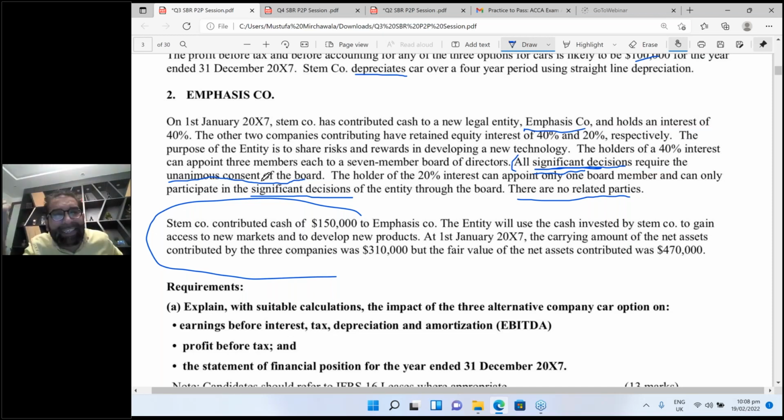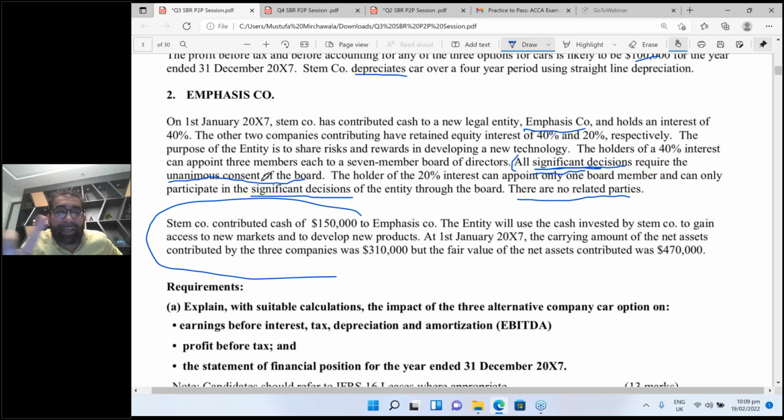Then he says they can only participate in significant decisions. Do you think that's a small thing? Significant decisions are real decisions, big decisions. So when you have power to stop the big decisions, yes, you have joint control.